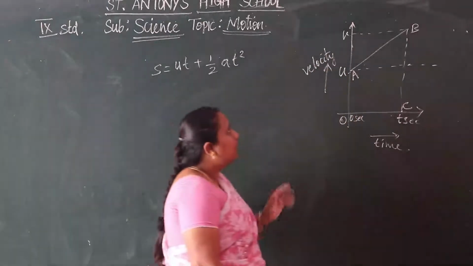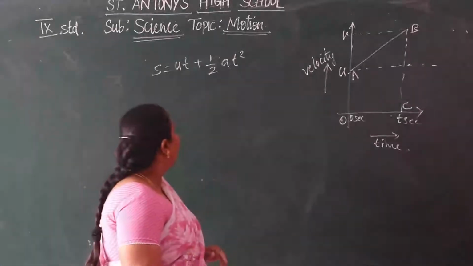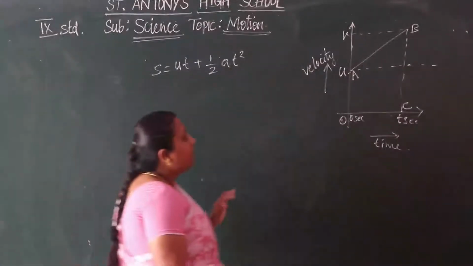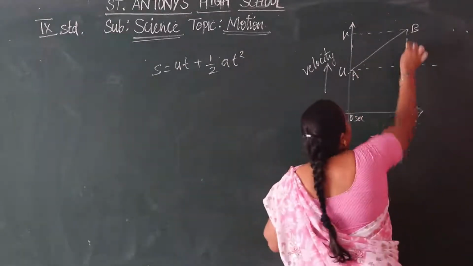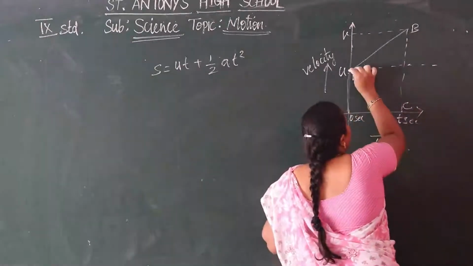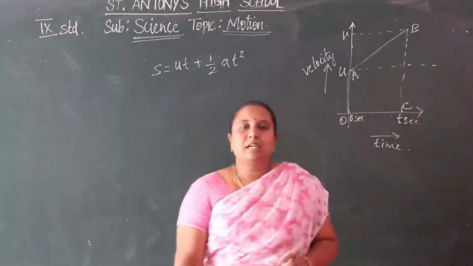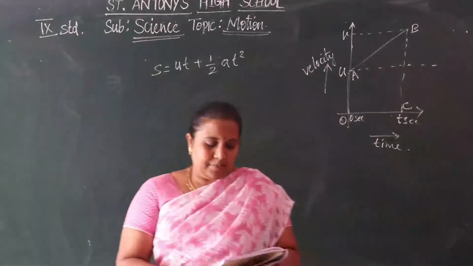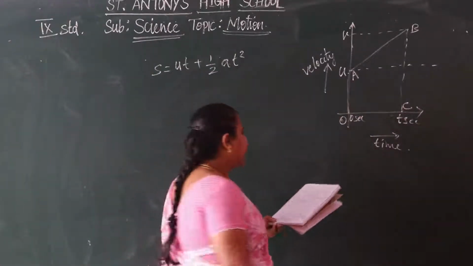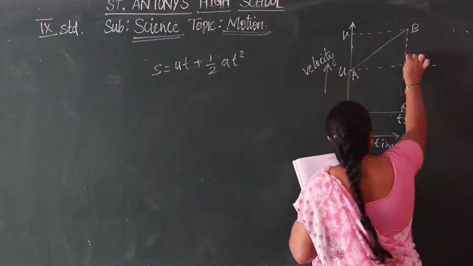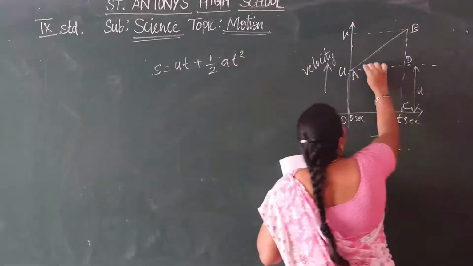For S equals ut plus half into at square, we take the trapezium OABC. For the area of the trapezium OADC, we take this point as D. This is U and this is V.